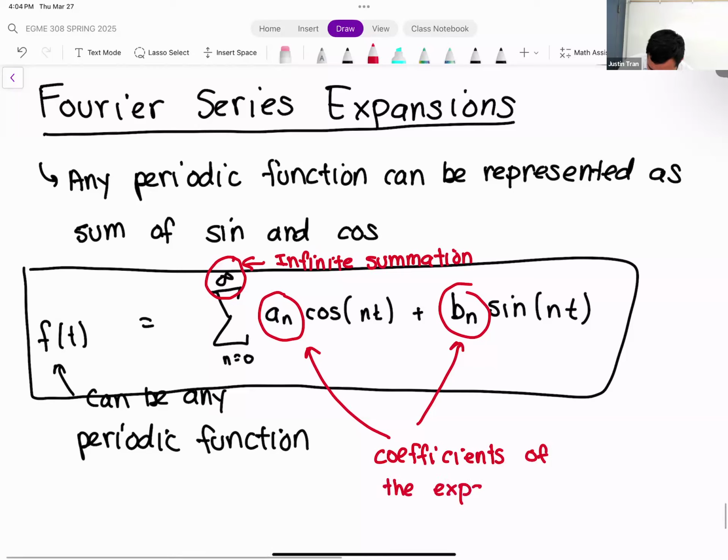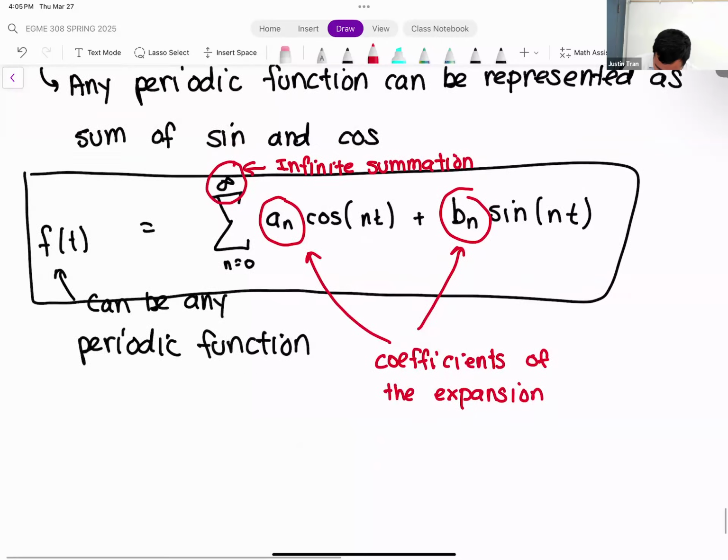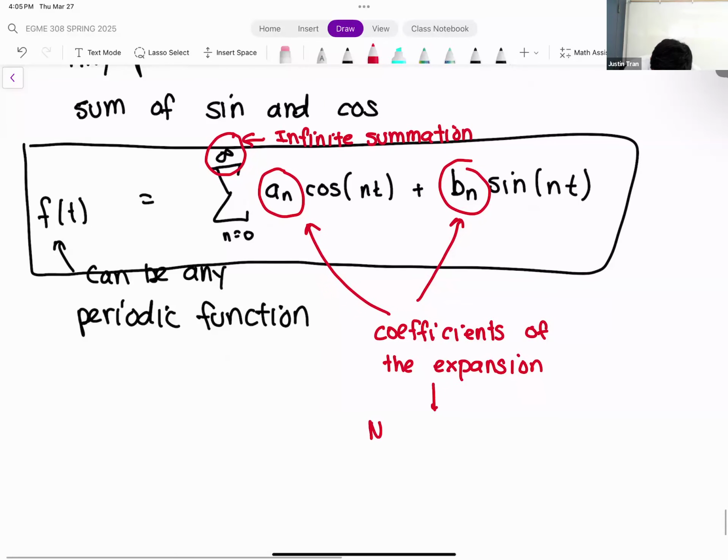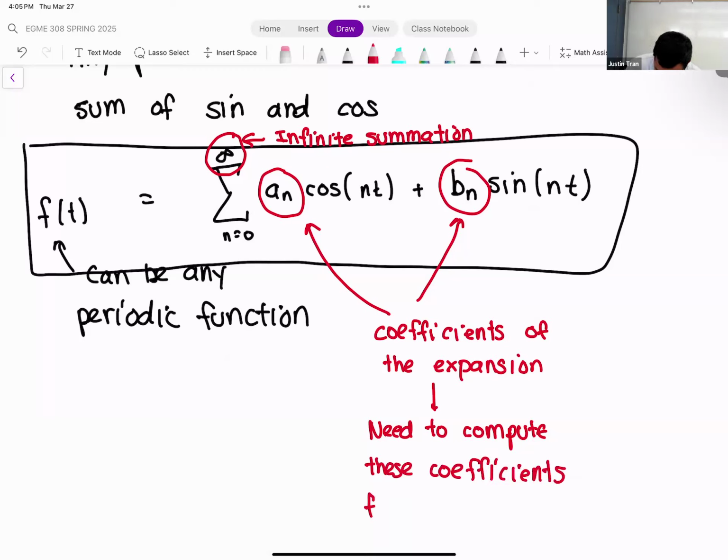In most problems where you're computing this expansion, what that really means is that you're computing these coefficients. That's what we're going to be doing today.